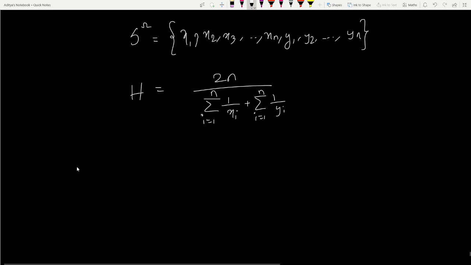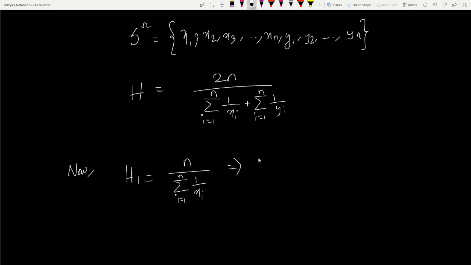Now we recall that h1 was basically equal to n by summation of i equals 1 to n of 1 by xi, right? So this would mean that the summation of i equals 1 to n of 1 by xi should be equal to n by h1.